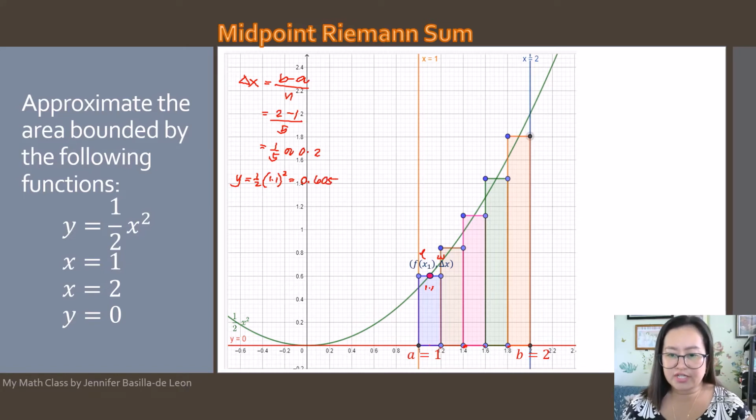Now for the second rectangle, the midpoint of the second subinterval is 1.3. And using 1.3 for x, we would be able to evaluate the given function and arrive at 0.845.